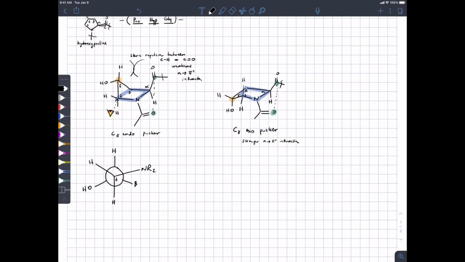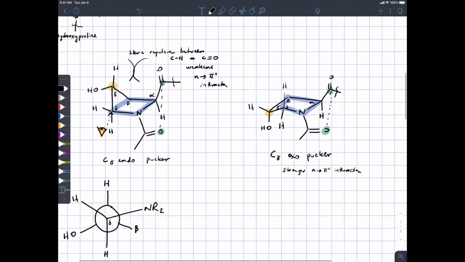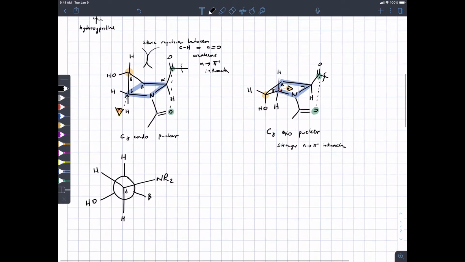Does that look reasonable? All right, so let's do the same thing, only this time we're still going to look down that bond between delta and gamma carbons, though we sort of have to place our eye a little bit over, and we'll just look down that bond between delta and gamma. Here in front is the delta carbon. It looks like on that carbon a hydrogen should be pointing up.